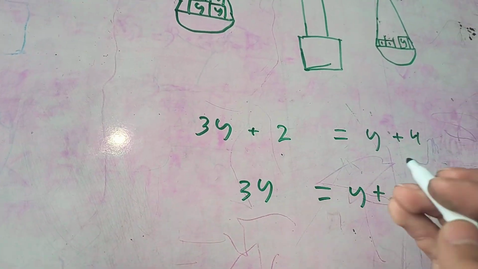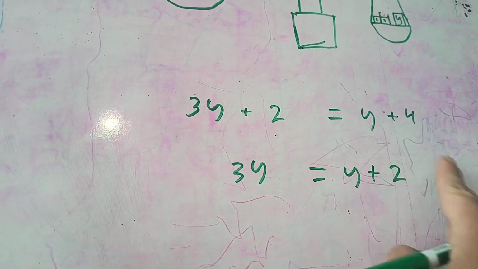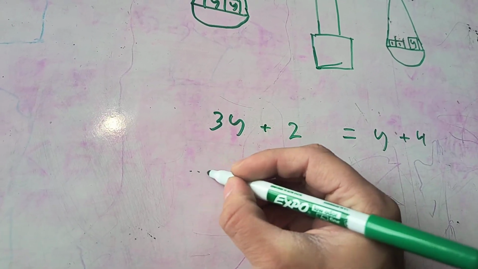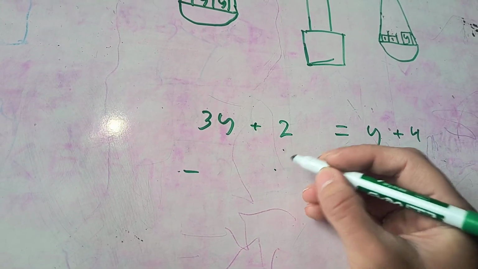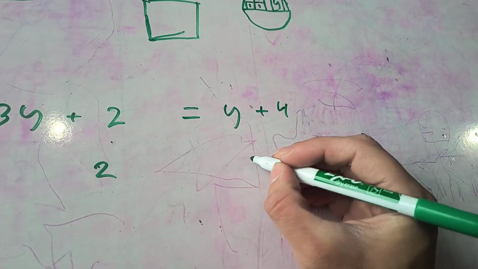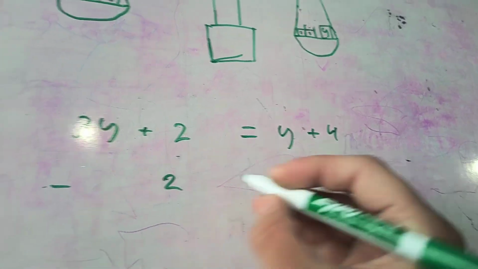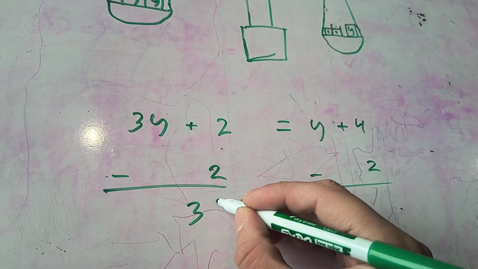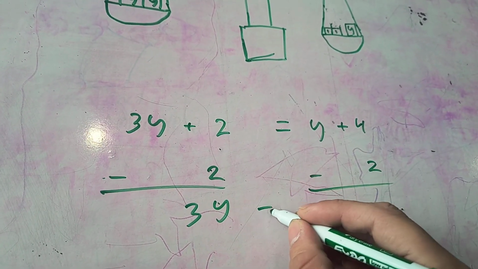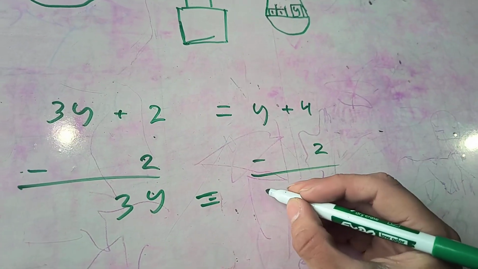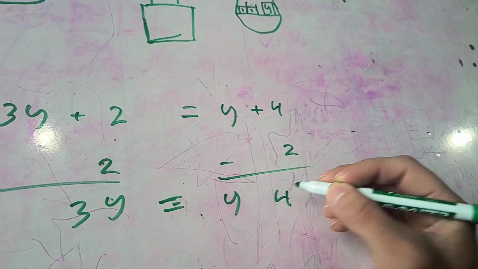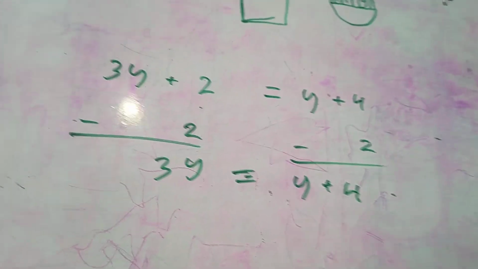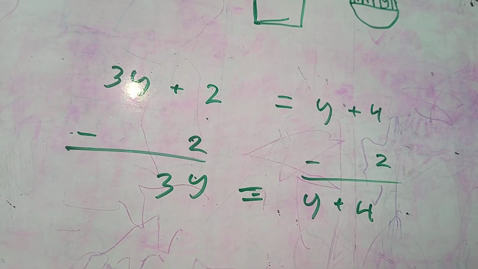What we did is that we subtracted 2 from this side. We subtracted 2 from this side. And what we got now is 3y is equal to y plus 4.